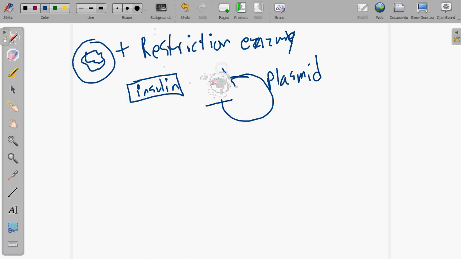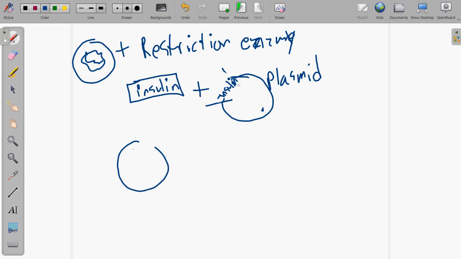Okay, then we're going to mix these two things together. And hopefully what will happen is this insulin gene will take residence in the plasmid. Okay, and so now we have a plasmid that contains the gene for human insulin.